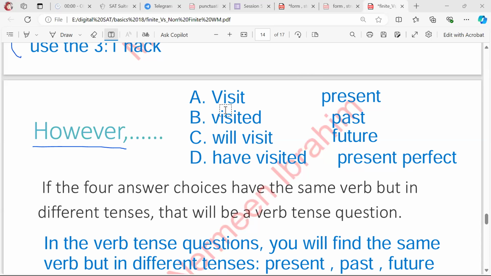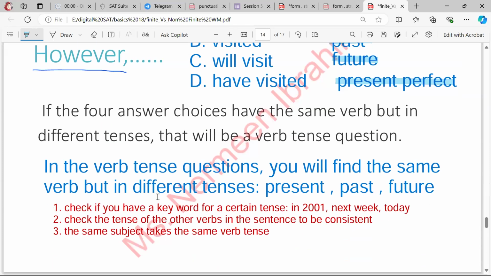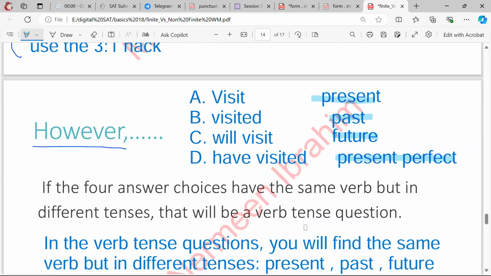Okay. Now, visit, visited, will visit, have visited. Are they different tenses or not? Yes. Amazing. Did you find any non-finite structure, any non-finite form? No. Excellent. So when you don't find any non-finite form, that's not a finite and non-finite question. That's what? A verb tense question. Is it clear? Yes.